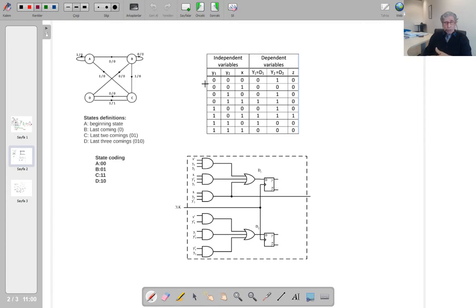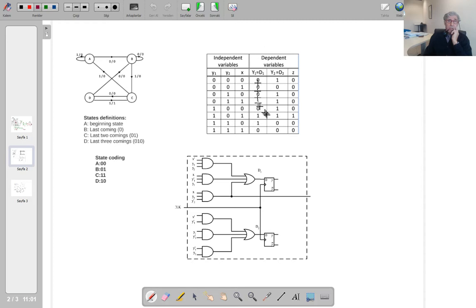Why are we putting the state table in? Because we would like to find out output functions, and we would like to find out the memory element input functions. In order to find out memory element input functions, we need next state functions. So that's the mathematical model, isn't it? Next state functions and output functions.